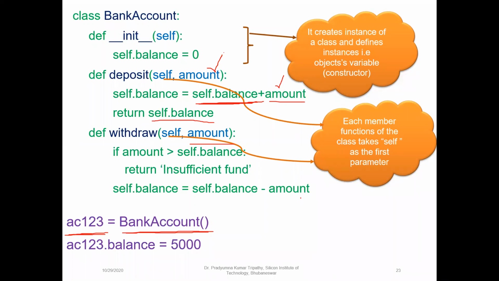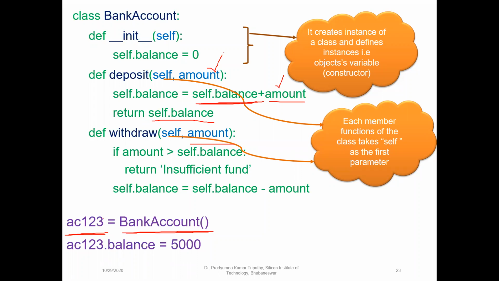Correct? So this INIT function creates an instance of a class and defines instances, that is, object variables. So it's like a constructor. And what is this self over here? We have discussed each member function of the class takes self as the first parameter.